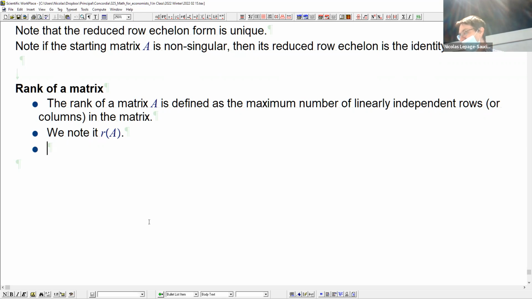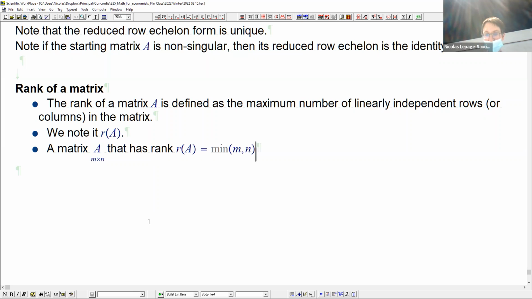So a matrix A m by n that has a rank as the minimum of m or n is characterized as full rank.